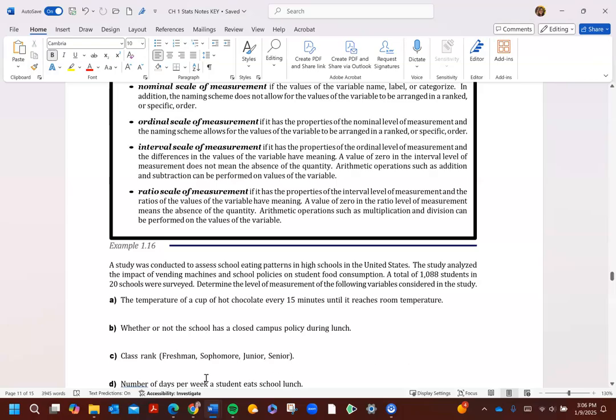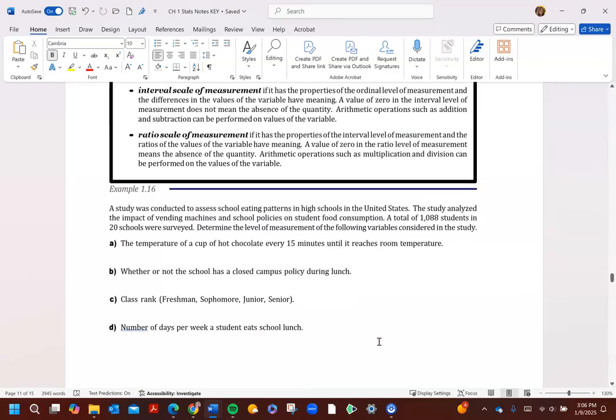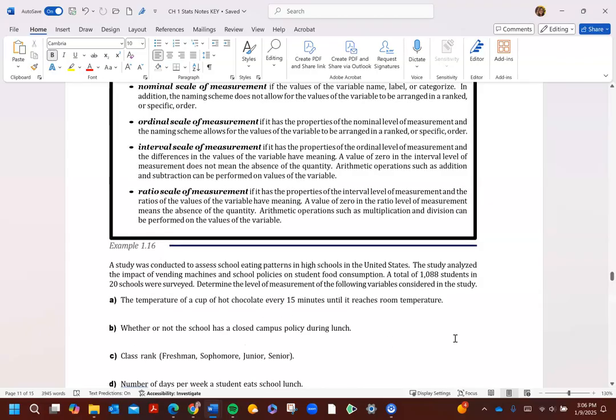We also have D down here, number of days per week a student eats school lunch. And I think that's the last one. So pause and think about what you want to write, and we'll see how we match up.